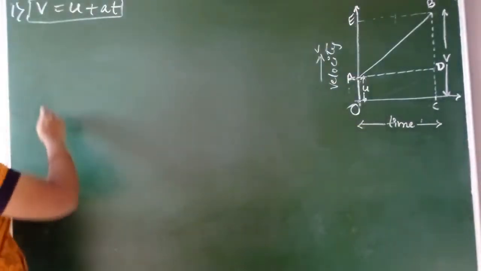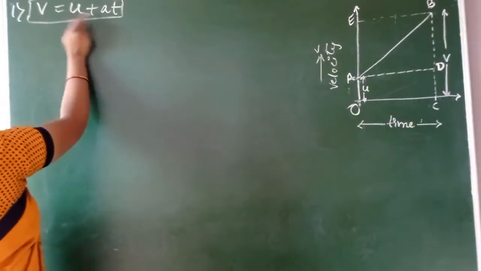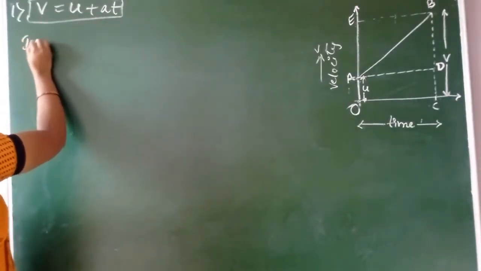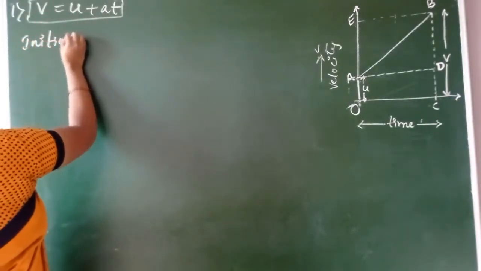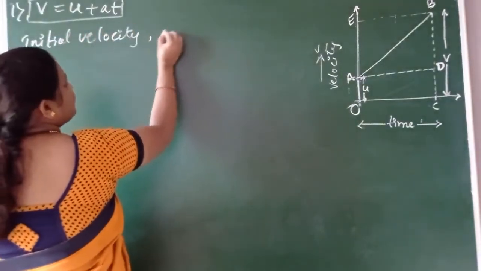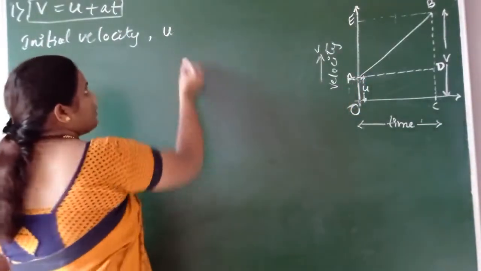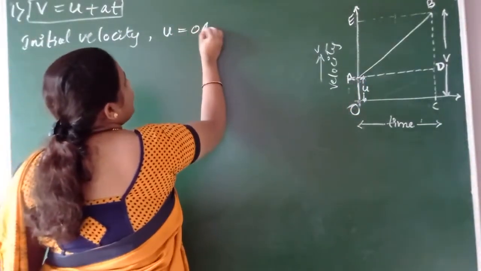So now what we need to calculate? We need to derive this formula. So our initial velocity u, isn't it children? This is u, which is nothing but OA.